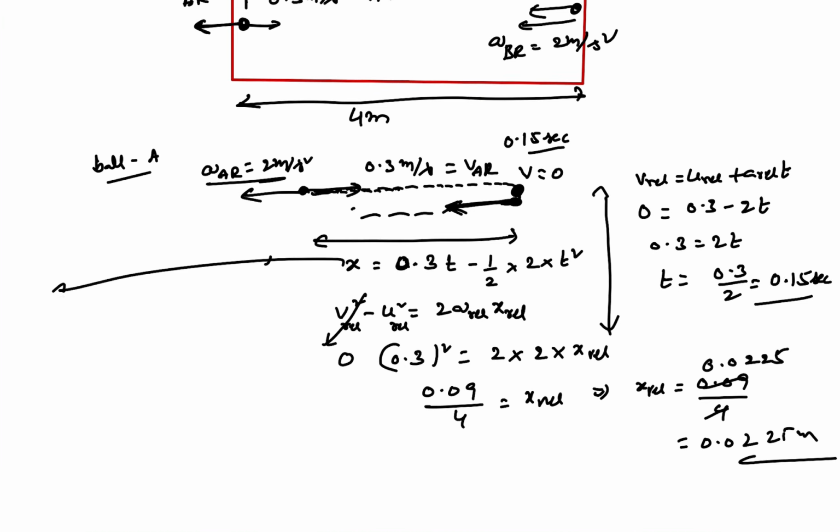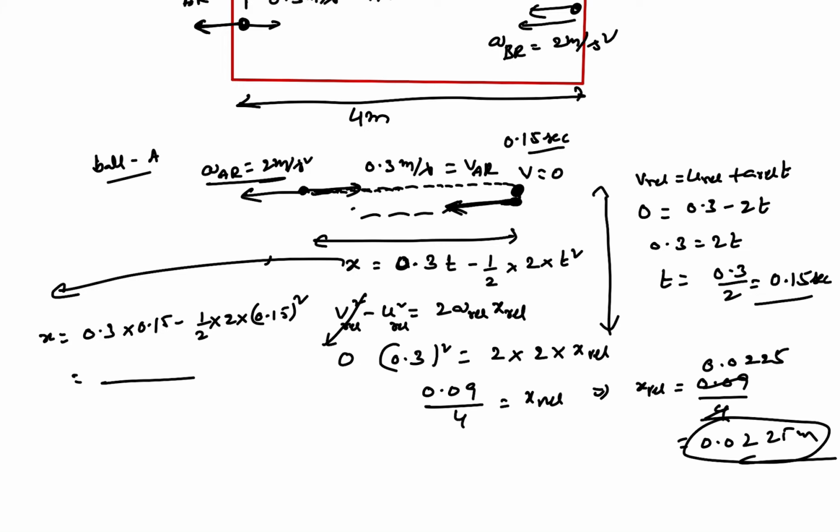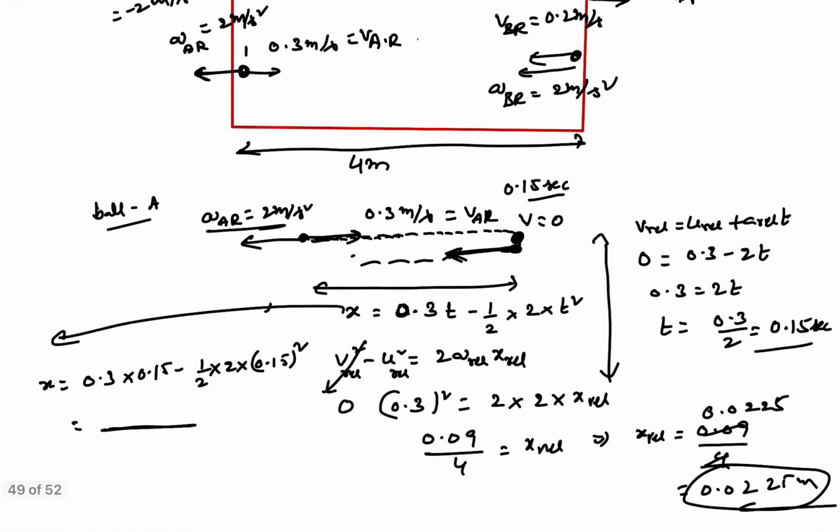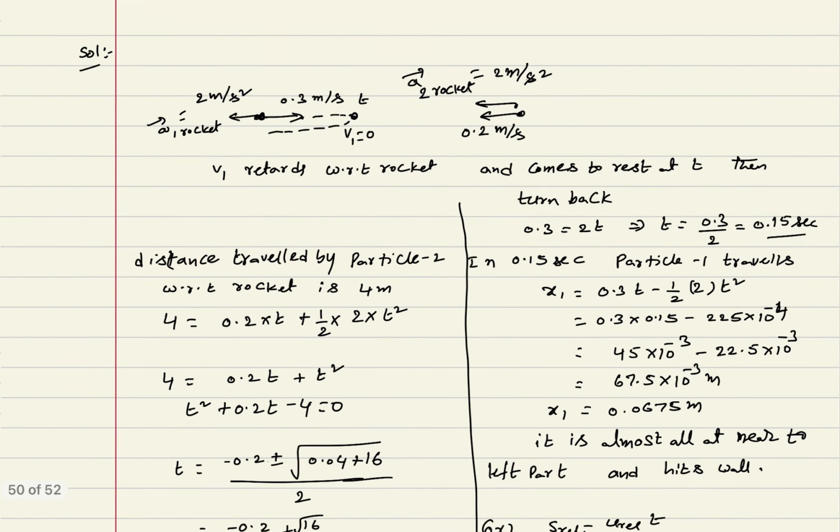If it is coming to rest, how much distance is it traveling? As per this relation, x is equal to 0.3 into 0.15 minus half into a, which is 2, into t square value, which is 0.15 whole square. Now you can get some value. Whatever, maybe this value 0.02 is there or whatever value is there, we will get a very less value comparatively to 4 meters.